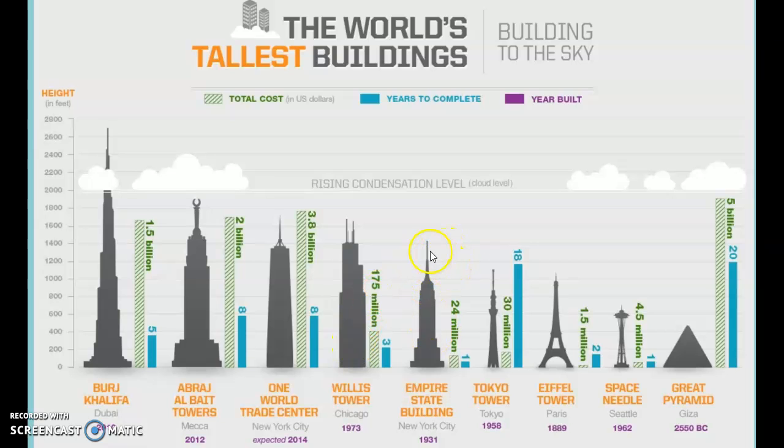As you can see, now we're going to convert it to feet. The Empire State Building is about 1,450 feet high, so it's super high. This is what the cloud level is, if you can see.